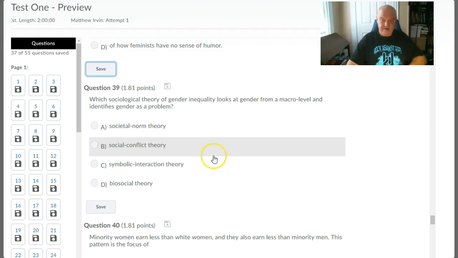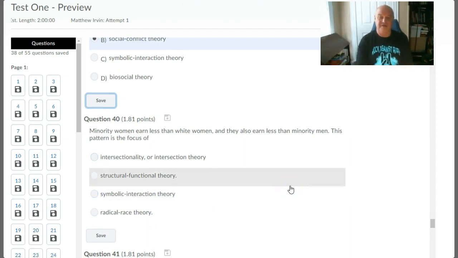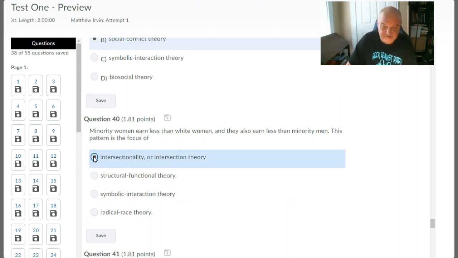That would be social conflict theory. Question 40, minority women earn less than white women, and they also earn less than minority men. This pattern is the focus of intersectionality or intersection theory.